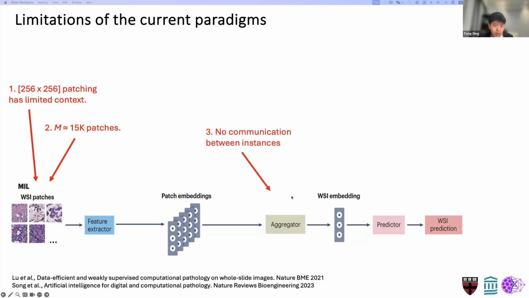For the current aggregator, people commonly use attention-based multiple instance learning methods, which are permutation invariant, so there is no communication between instances, and these models are typically trained from scratch, where the number of parameters is greatly larger than the training data points for these downstream tasks.